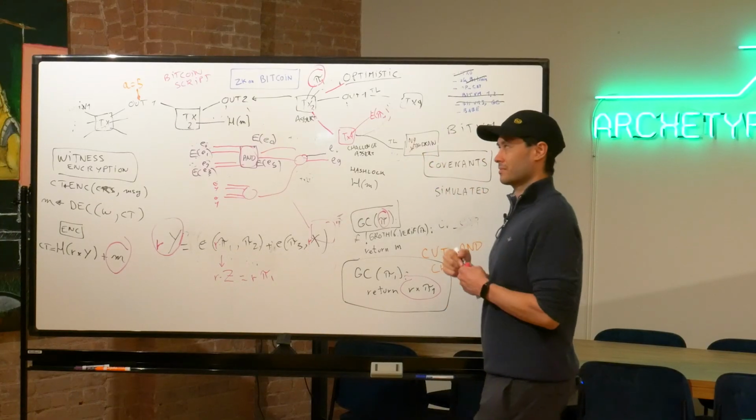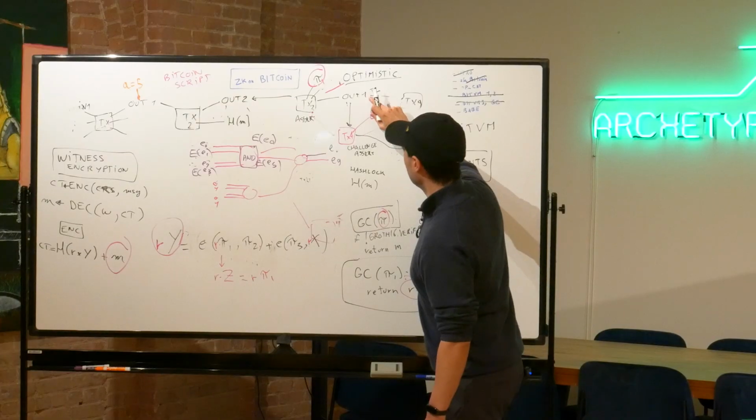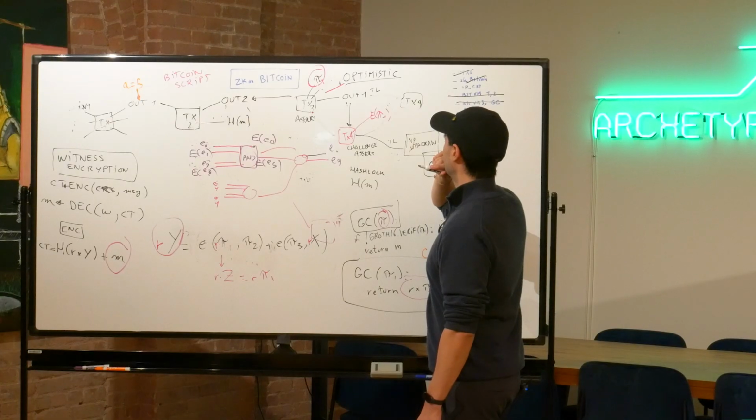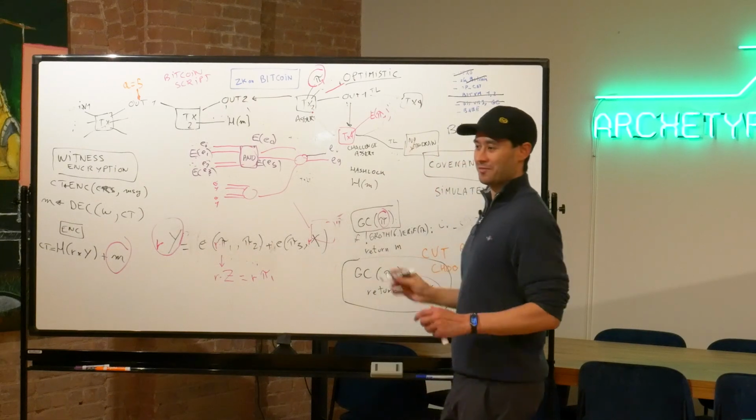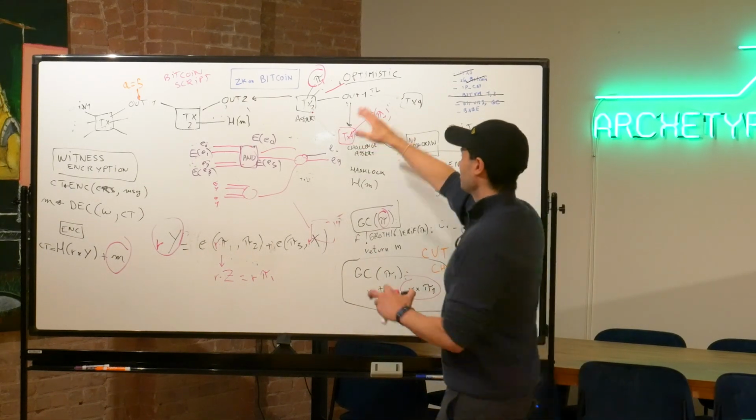And this UTXO we used here, so it cannot be used here anymore. Wait, no, that doesn't make sense. I don't remember the graph, but if we looked at the paper, it would make sense. But it's sort of like there's always a time lock.